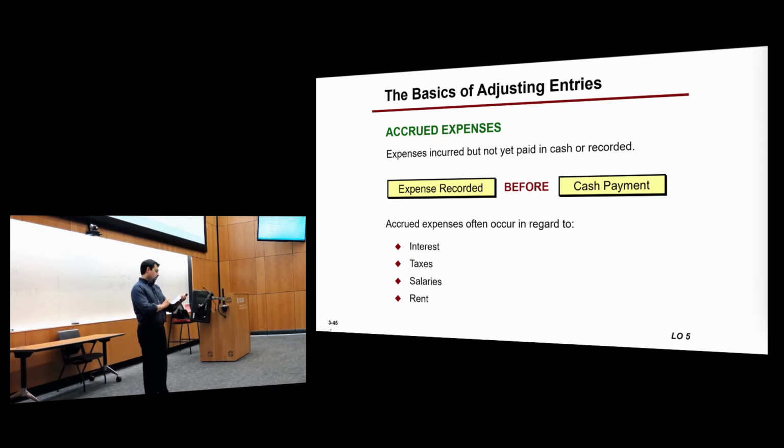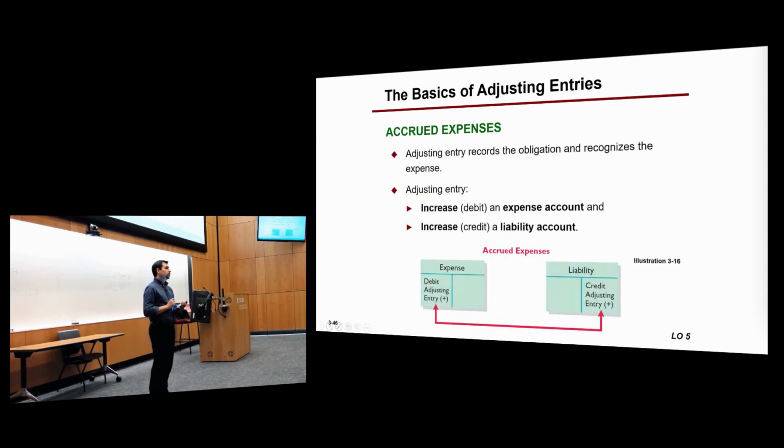So in this case, what do we need to do? Accrued expense. Before that, you did not recognize the fact that you owed your employees' salaries. So now, you have to recognize that you have more salaries that are owed, and this is salaries expense.